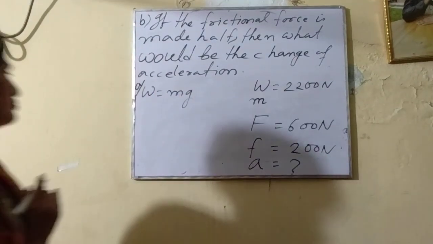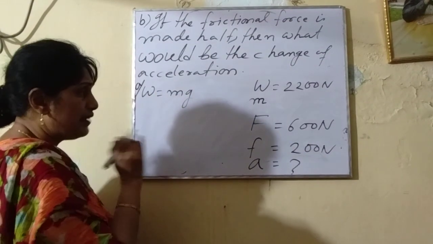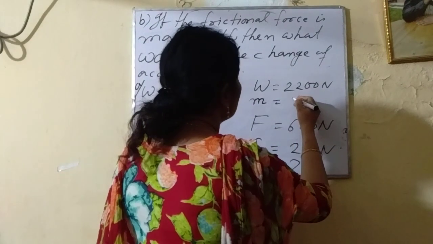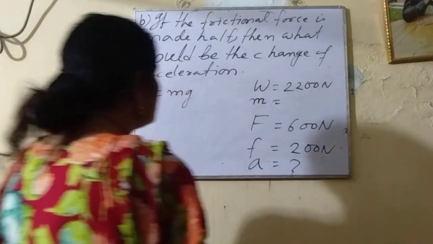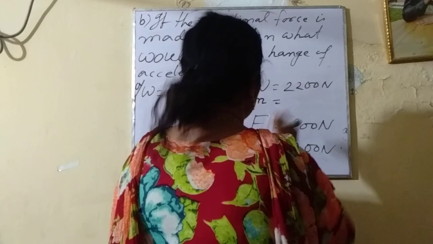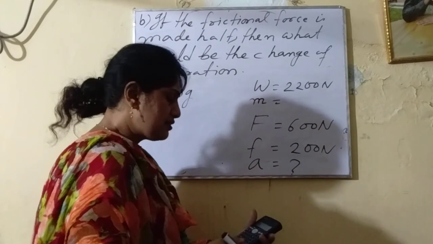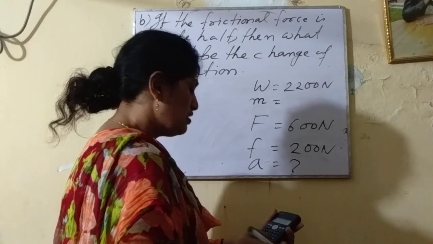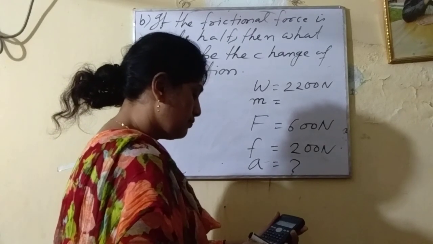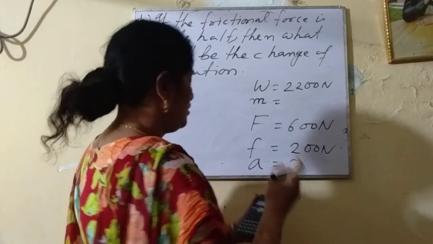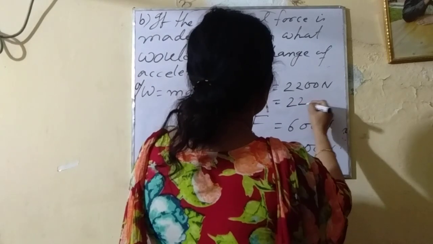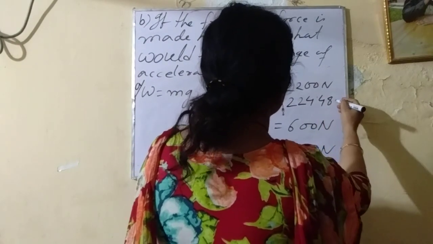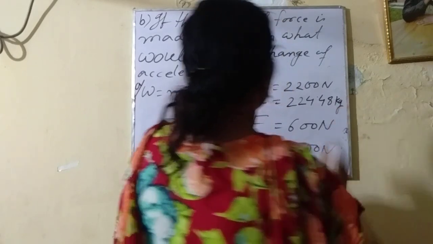Look, this is the solution of A number. So the mass will be, W equal to mg, so m equal to W by g. I'm just calculating it and directly writing it on the board. Equal to 224.48 kg. Okay.